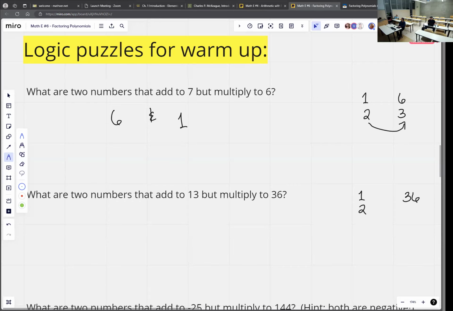What's half of 36? 9 and 4. Yeah. So 3, 12, 4, 9, and yes, she was right. 9 and 4 is the row that adds to 13. So this one.